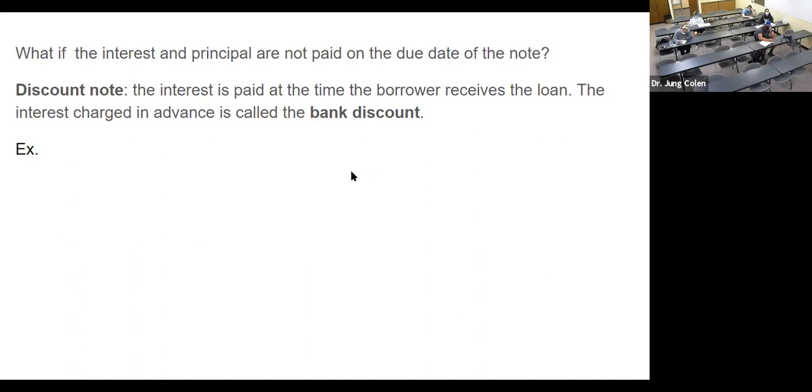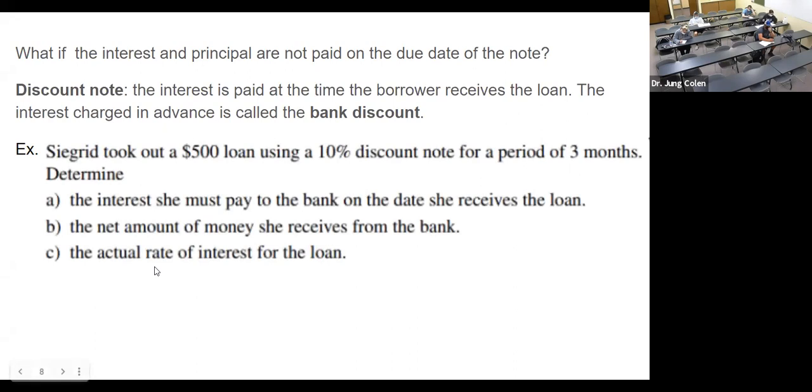For example, Sigrid took out a $500 loan using a 10% discount note for a period of 3 months, and you need to determine the interest she must pay to the bank. In order to do this, you need to consider the situation.